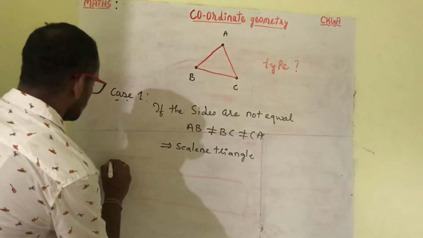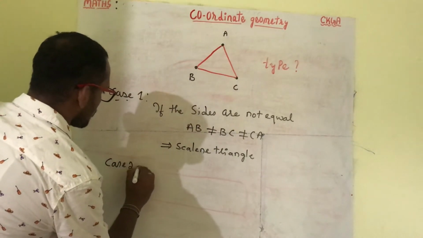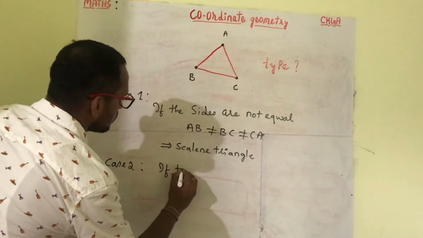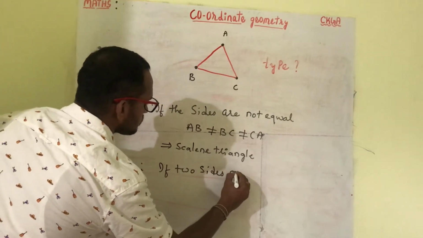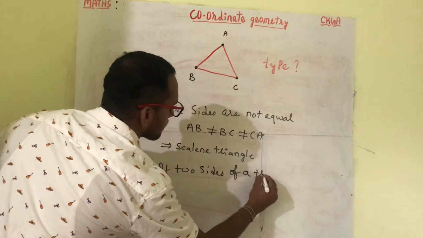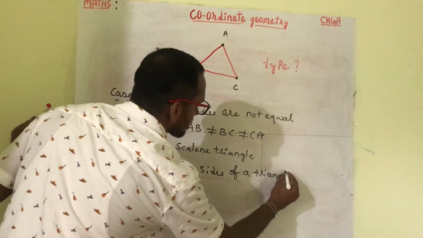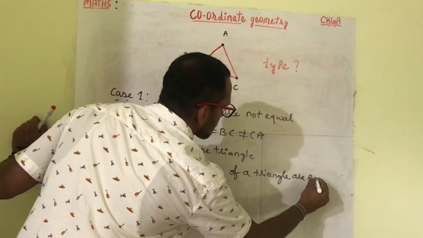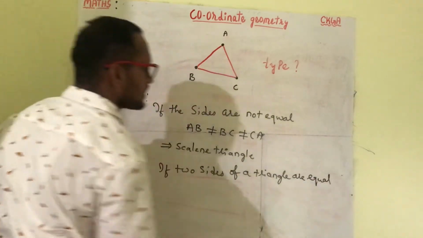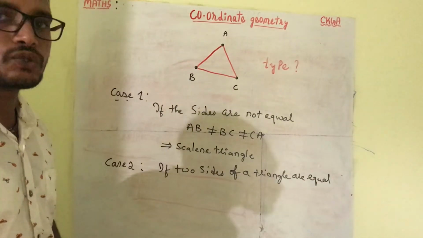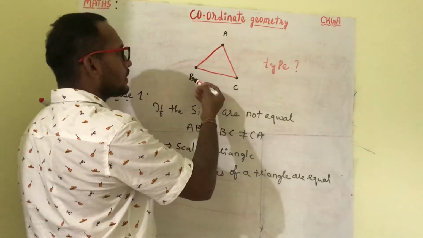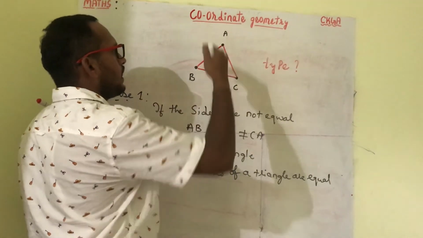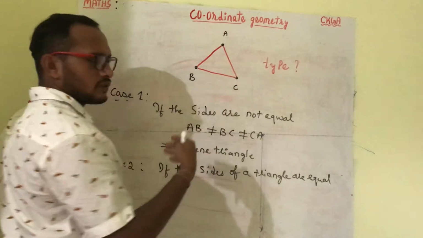In case 2, if two sides of a triangle are equal, what could be the conclusion? It might be AB equals BC, or BC equals AC, or AC equals AB. These are the three different cases.